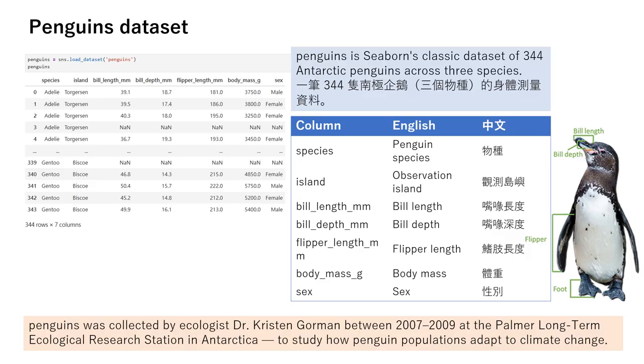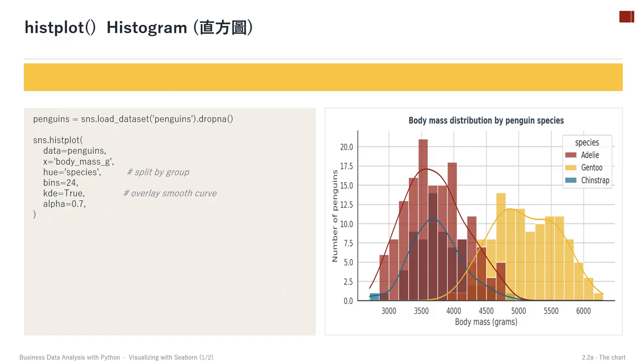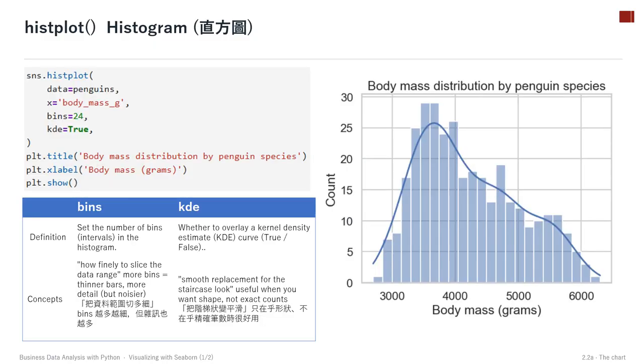So we can use this data and try to make a figure. Now we use the penguin data set. Later we will have a histogram like this. How do we do this? At the beginning we just have an easy one.